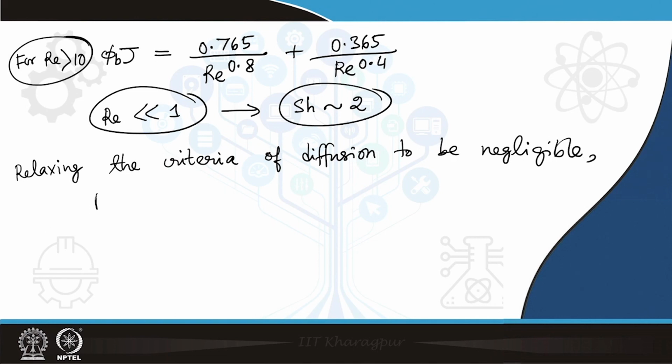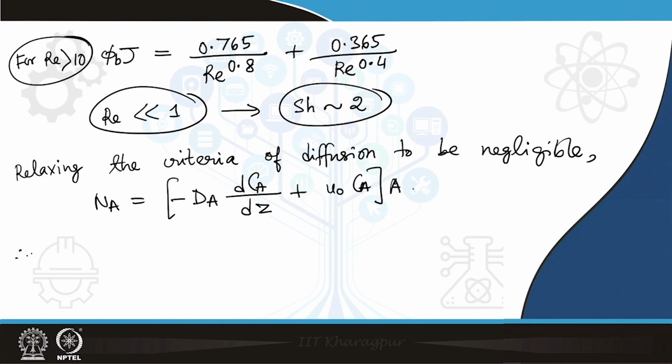So, we will get N A equal to, we have to take the full diffusive flux into consideration, considering that flux has the components of diffusion along with convection, and as I have said, this is for the case of gas phase systems, this is very important.